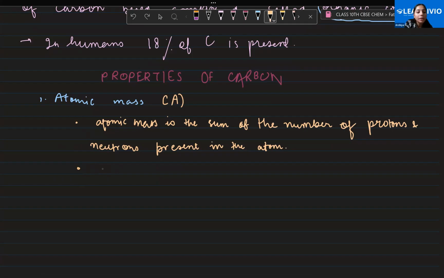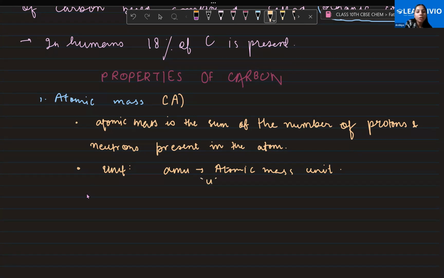It's written as unit is AMU, and the full form is atomic mass unit. Instead of writing the whole AMU, you will also see just U written.